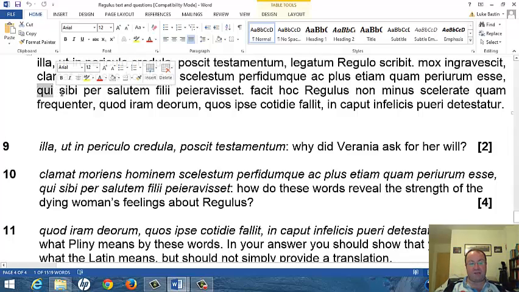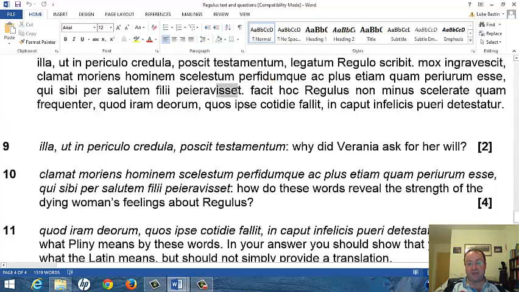Qui, notice how that's masculine, so that is going to be referring to Regulus. So qui sibi per salutem filii peieravisset, a rare type of verb. Notice how it's ISSE plus an ending. It's a pluperfect subjunctive. So we need to get a had in our English here.